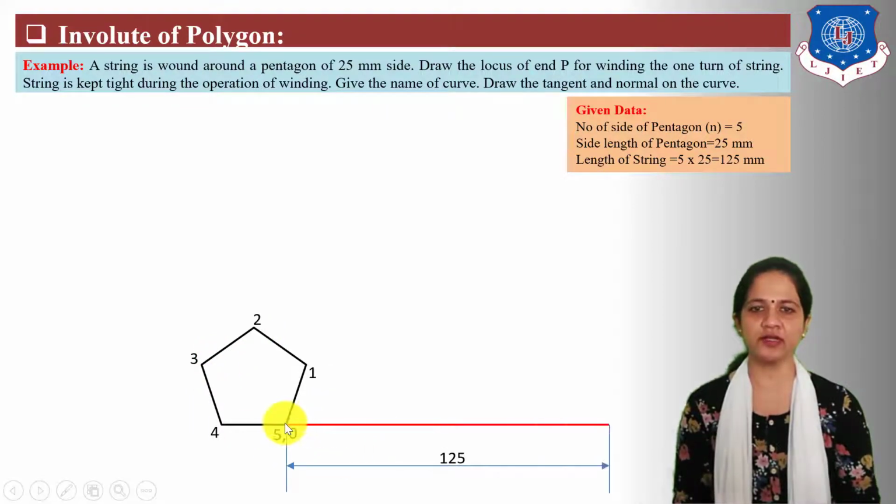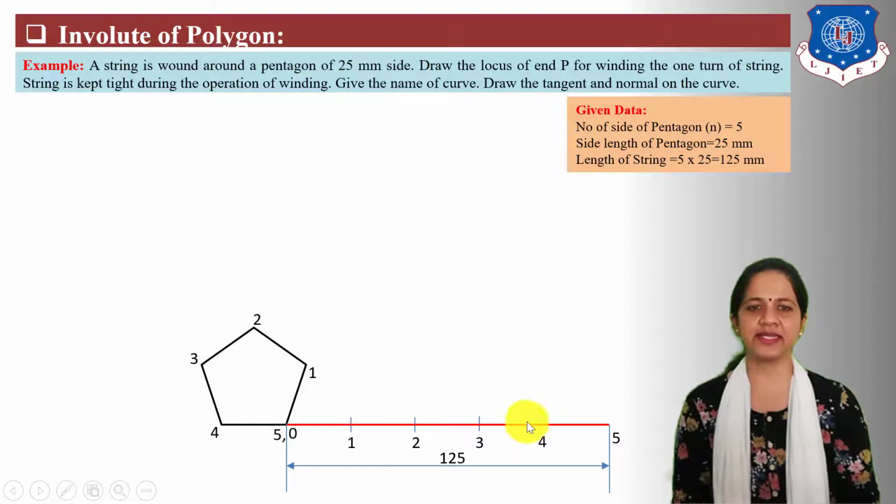Next, draw the string from 0 position of the pentagon. Take length of string equal to 125 mm. Divide this string into 5 equal parts and mark the division points as 0, 1, 2, 3, 4, 5.